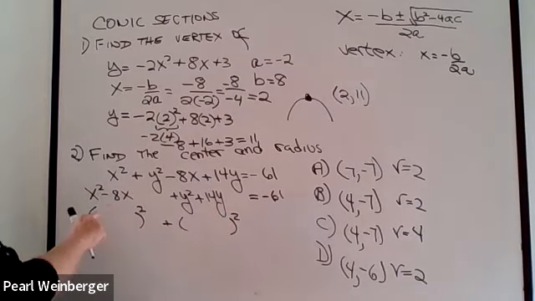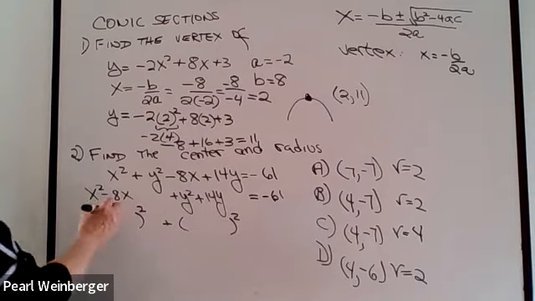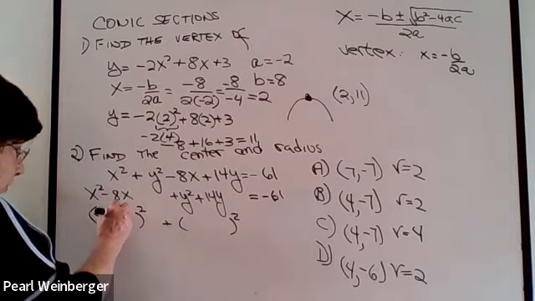So how do we do this? Well, of course, the x squared gives us the x. And the number that we're going to put in there is always half of the number in front of the x. So half of negative 8 is negative 4.